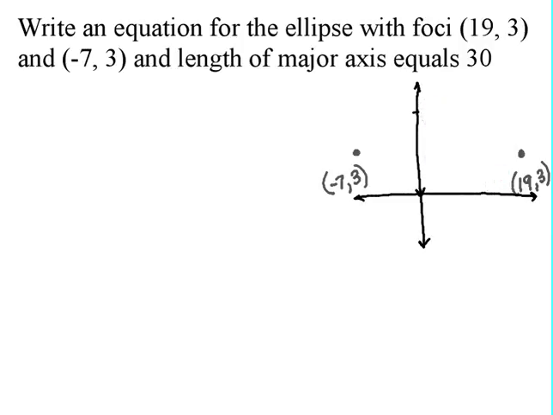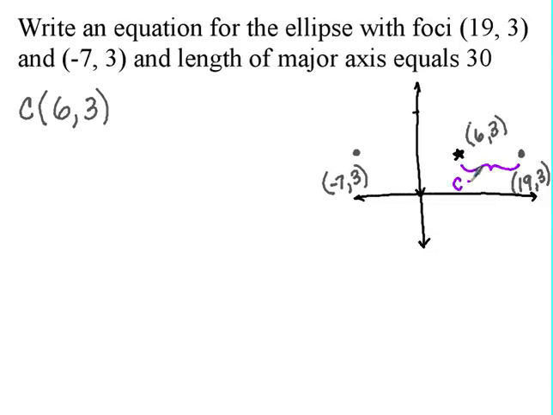So what I need to do now is go ahead and find the center. The center is going to be where? Yep, in the middle of those two, which is at (6, 3). So the very first thing we need to write down: the center is at (6, 3). Now I need to find what this distance is going to be. 13.